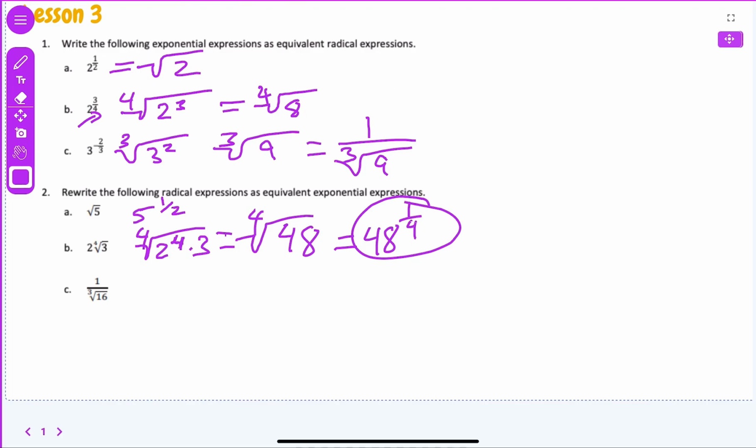Now, what is that going to be? 16 to the what? Negative 1/3. Right? Because it's cube rooted. Everybody good with that?